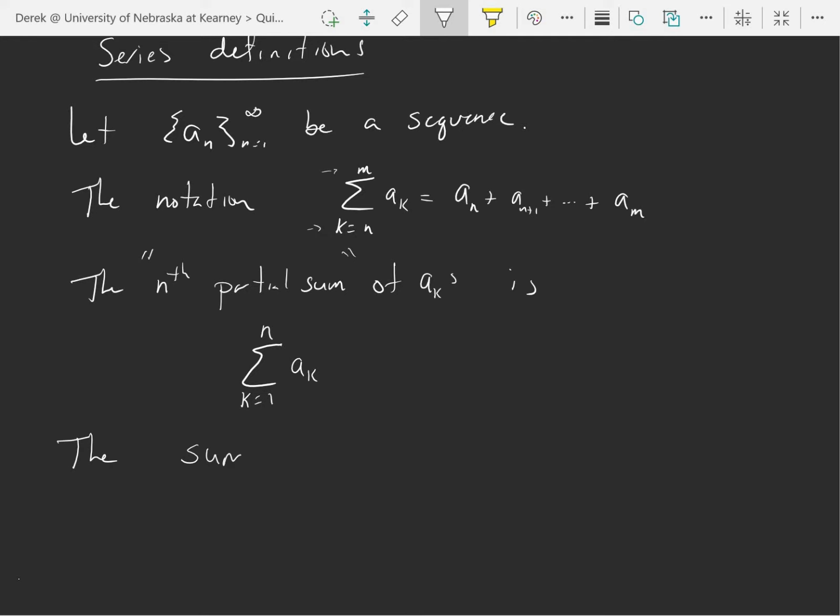The sum, or the series, the sum from k equals 1 to infinity of a sub k says add them all up if I can, and what this really means is I'm taking the limit as n goes to infinity of these partial sums.